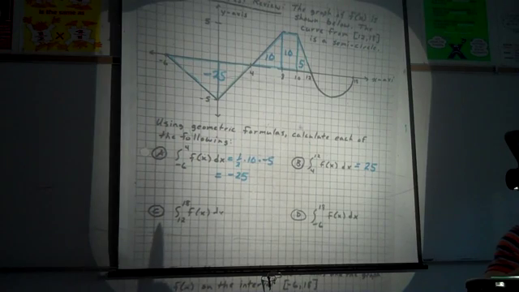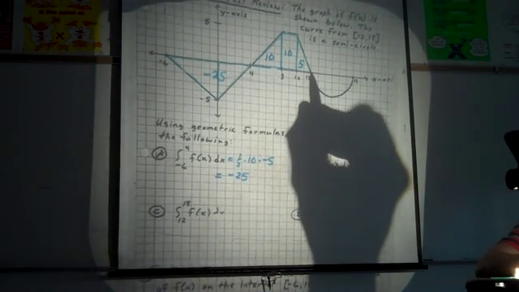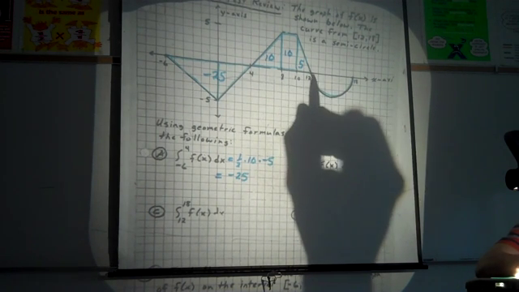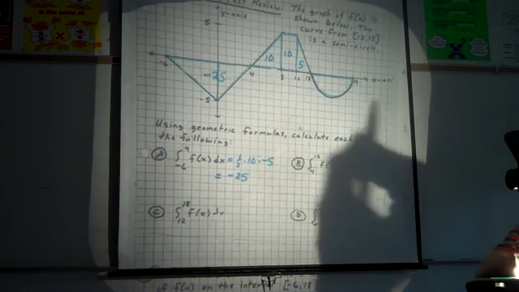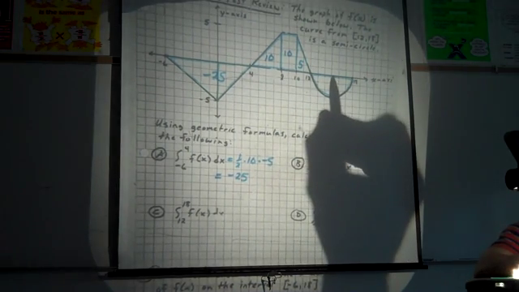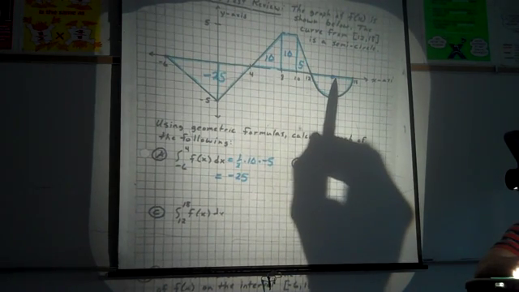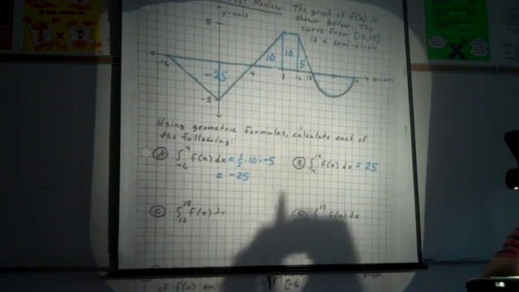All right. Letter C, integral from 12 to 18. So here we're looking at a semicircle. Told us that in the directions. So we need to think about the area of a circle. Find the area of a circle by doing pi r squared. Looks like the center of the circle would be about right there. What does it look like the radius of the circle would be? 3. Right. Go 3 this way, 3 this way, 3 this way. The radius is definitely 3.